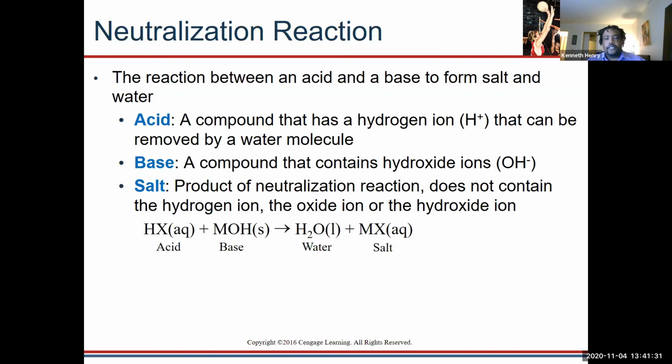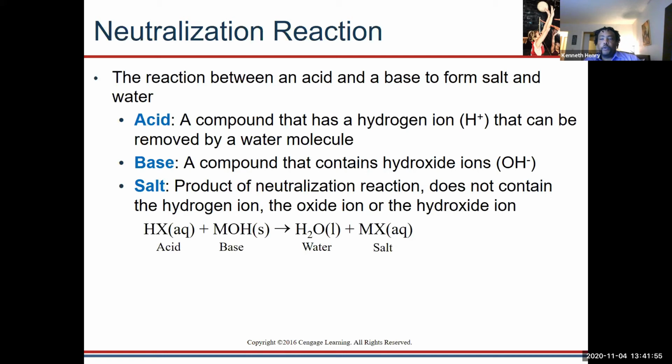And a base is a special ionic compound where we got OH-. So we have a metal, that's what that M stands for, and OH- for our base. And for our acid, we have H+, and then whatever it is. It could be sulfate, it could be chlorine, it could be whatever, right?